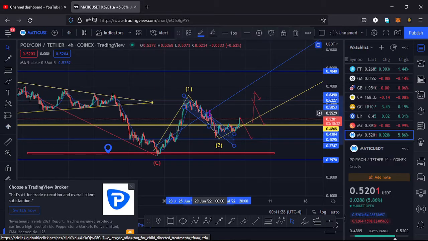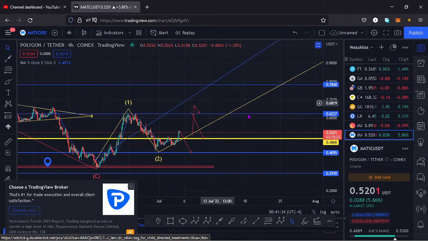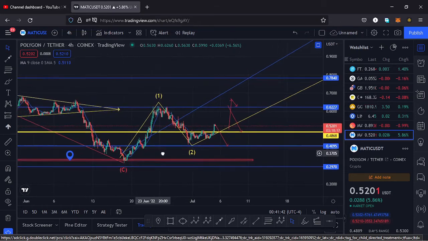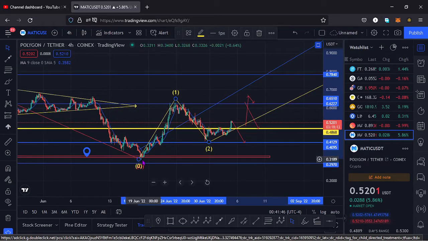here we might be in an impulsive wave to the upper side of the Elliott wave that can be taking us to the all-time high, because I believe Polygon Matic has done whatever it needed to do. It's possible that this is a wave 1, the first wave to the upper side.